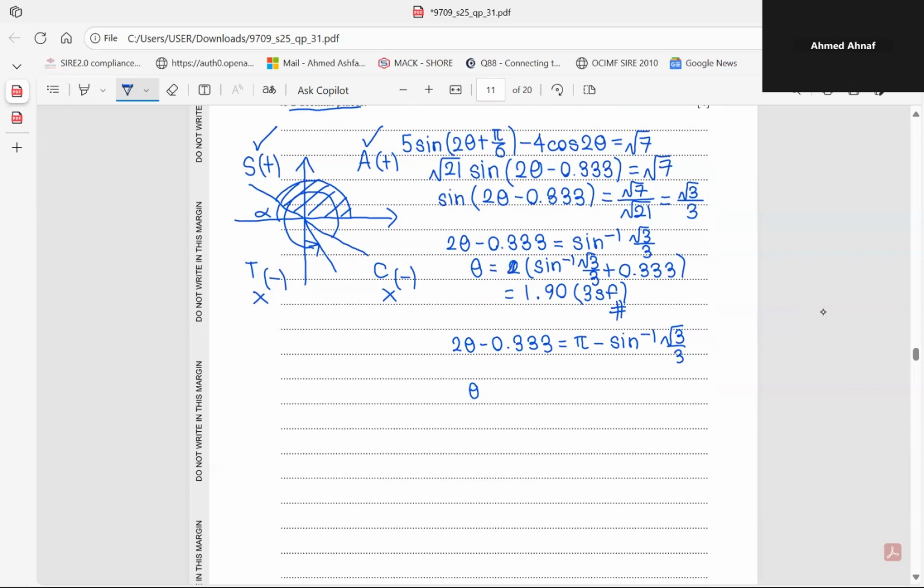Wait a minute, I'm wrong. It's supposed to be half. Sorry for the mistake. So our second answer would just be half times (π − sine inverse of √3 over 3 + 0.333).